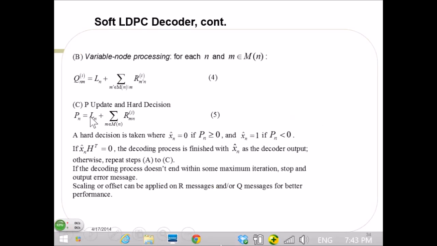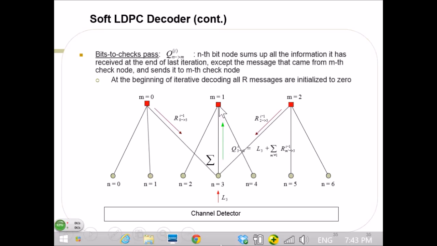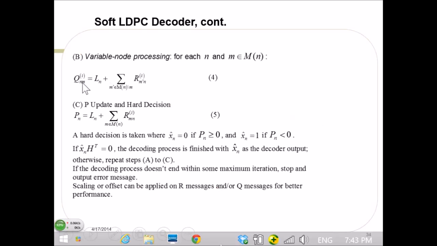So the total message is essentially the channel information plus all the messages that are coming for that bit from the different checks. So that's my total hard decision. And based on the sign of this, I'm going to say whether it's a bit 1 or 0. And now the message I need to send to a different check node is essentially, I'm going to discount my own information. So when I'm sending from my variable node or bit node to the check node, I'm going to take the channel information and all the checks except the check that is directly connected to that bit.